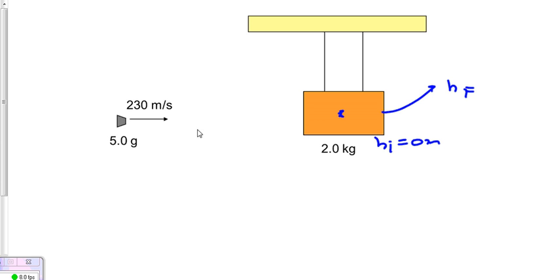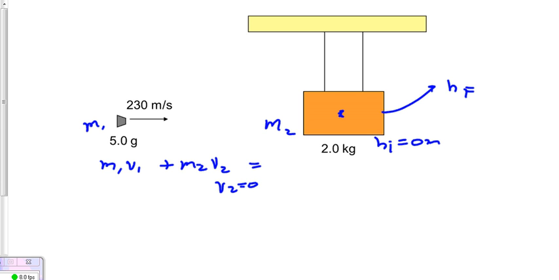Okay, and the way we do this is we look at, again, the inelastic collision first of all. So we will have the mass of the bullet being m1, and the mass of the ballistic pendulum being m2. So then this equation would look like m1 v1 plus m2 v2, and of course this v2 is going to equal 0 since it's not moving initially.